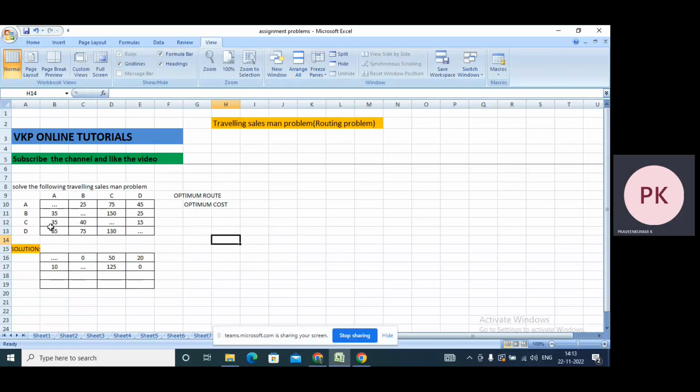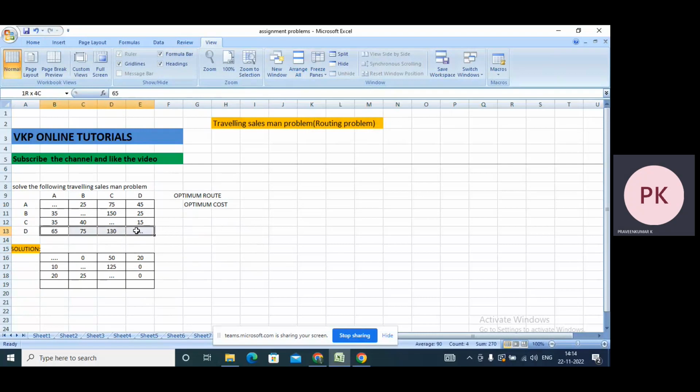Go to the third row. The minimum element is 15, so I need to subtract 15 from the other elements. 35 minus 15 is 20. Then 40 minus 15 is 25. I forget about the diagonal elements. 15 minus 15 is 0.